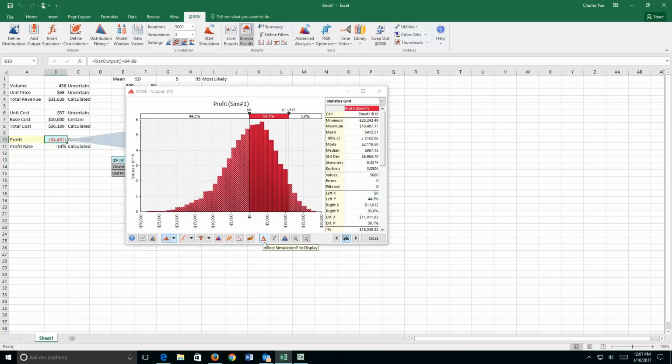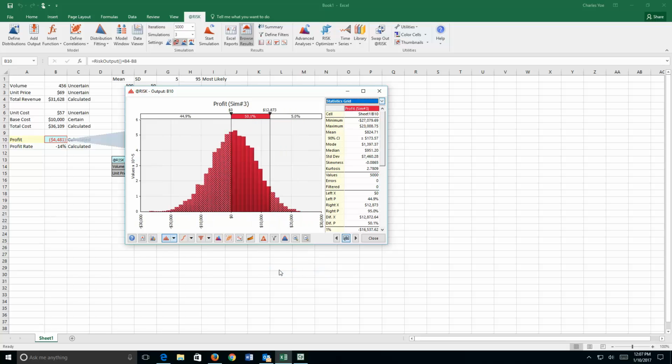correlation at all. I have a new icon down here at the bottom of my output. Select simulation number to display, and you see I can show simulation 1, simulation 2, or simulation 3. I can also show all the simulations at once.